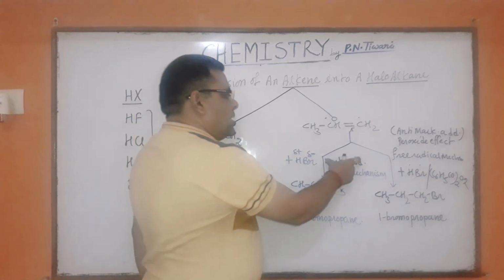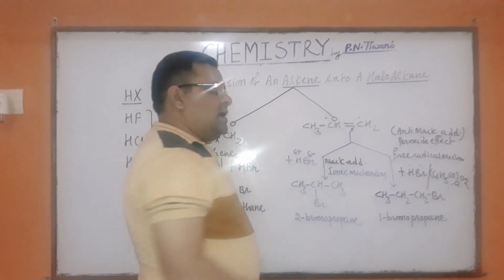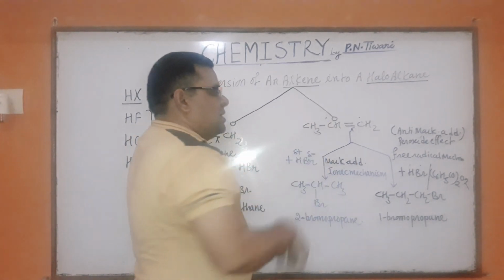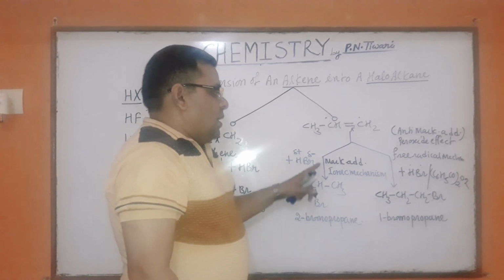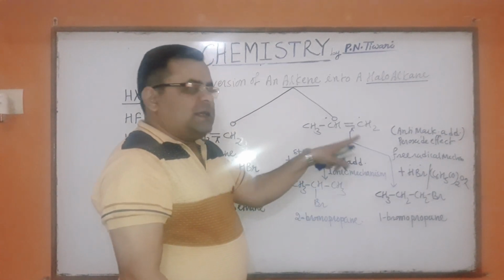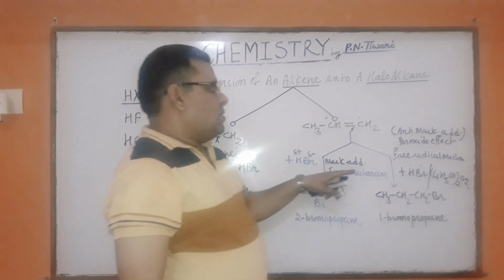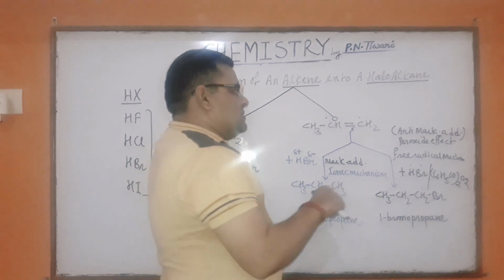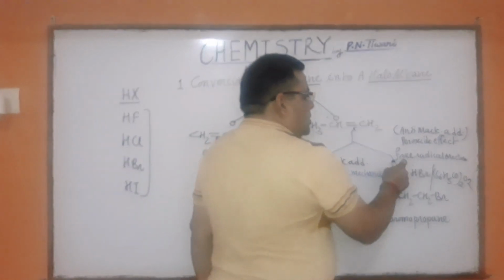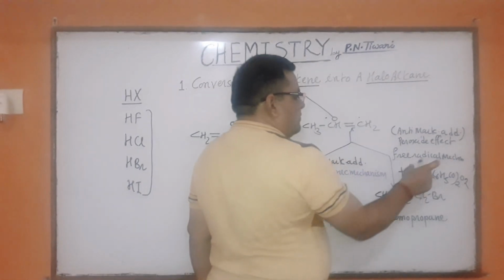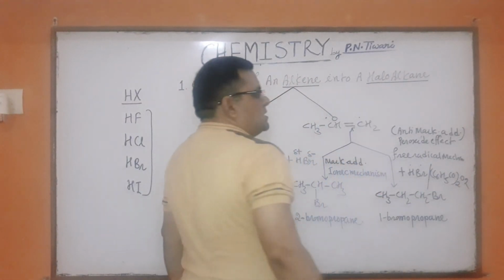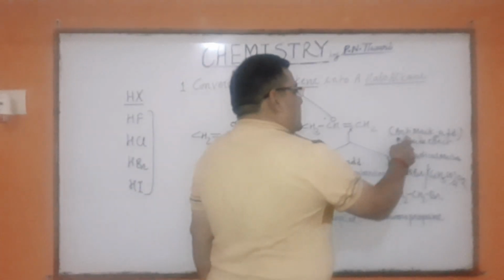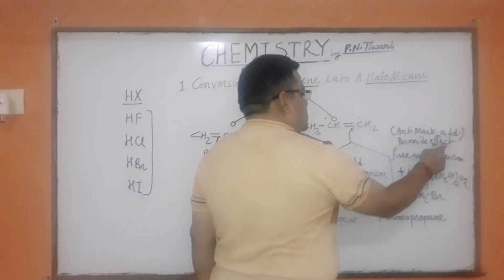The addition of any polar molecule to an unsymmetrical alkene according to ionic mechanism always takes place by Markovnikov addition, and the addition of any polar molecule to an unsymmetrical alkene always takes place according to free radical mechanism if the reaction is carried out in the presence of any organic peroxide like benzoyl peroxide, and it is called anti-Markovnikov addition or peroxide effect.